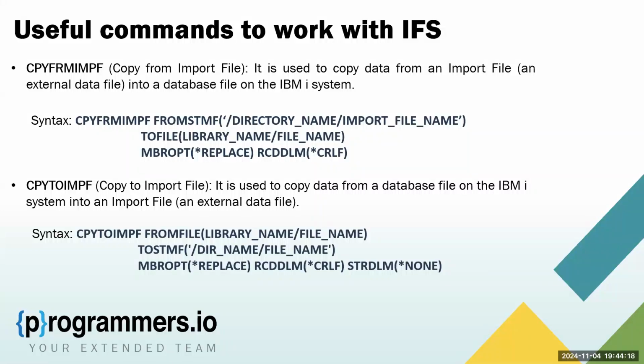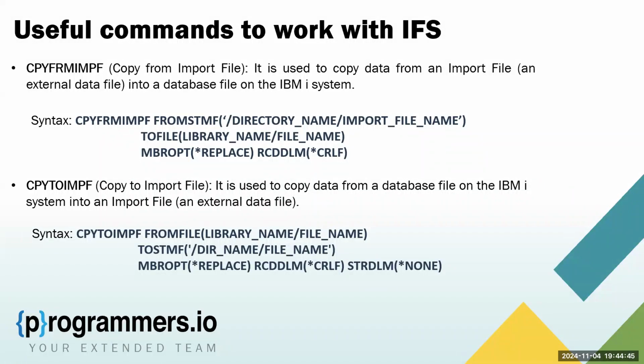If your existing to file has some data and you wish to not replace that and just add the data coming from your import file, then we can use star add. Otherwise, if you want your existing data to be lost after executing this command, then you can mention star replace.